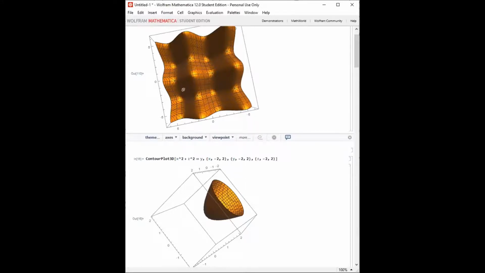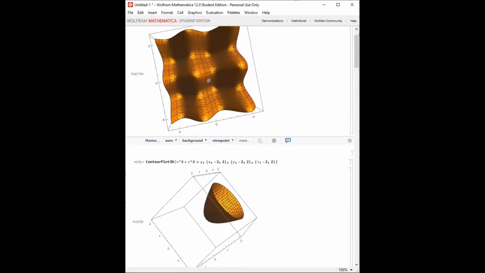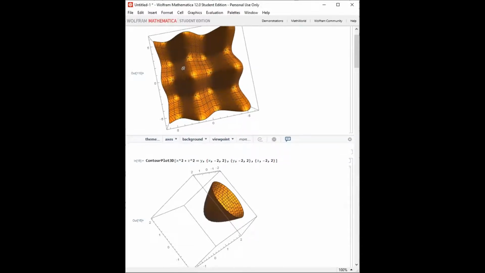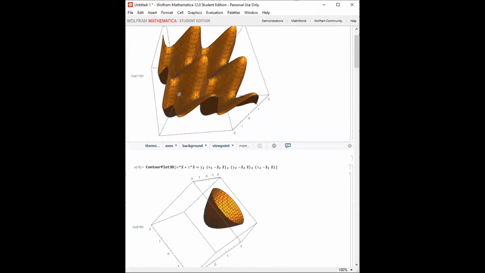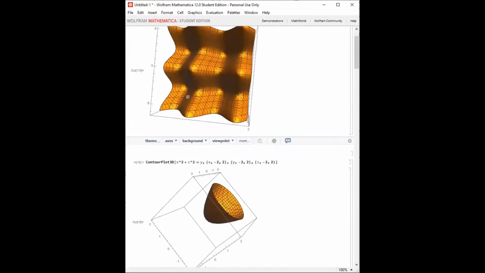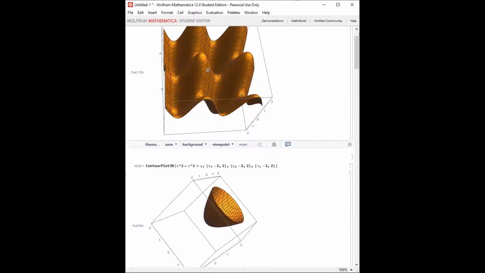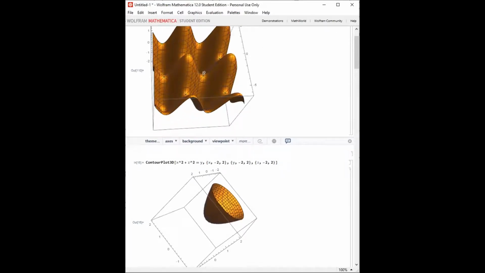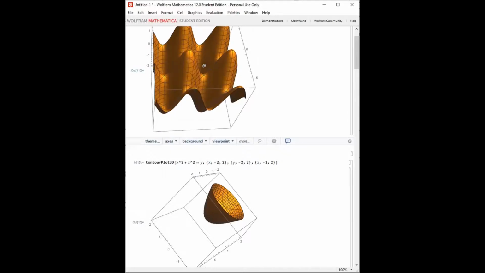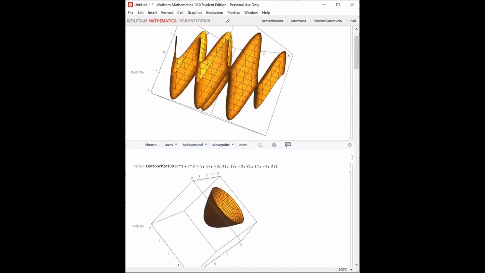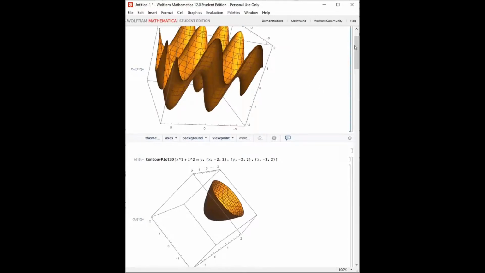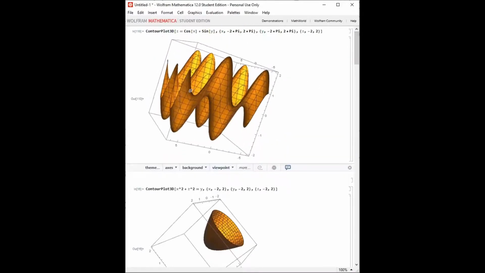Otherwise, you see these general, not quite circles, because they start to get deformed as they move away from their peaks. But pretty interesting, right? It's not cosine of x times sine of y. It's this addition of the two. So you'll see that the magnitudes of these are from -2, and let's scroll up just a little bit, to +2.